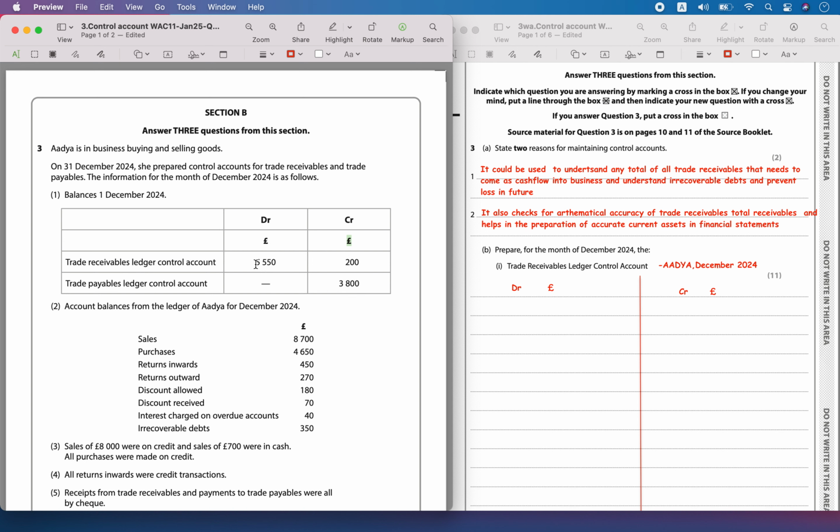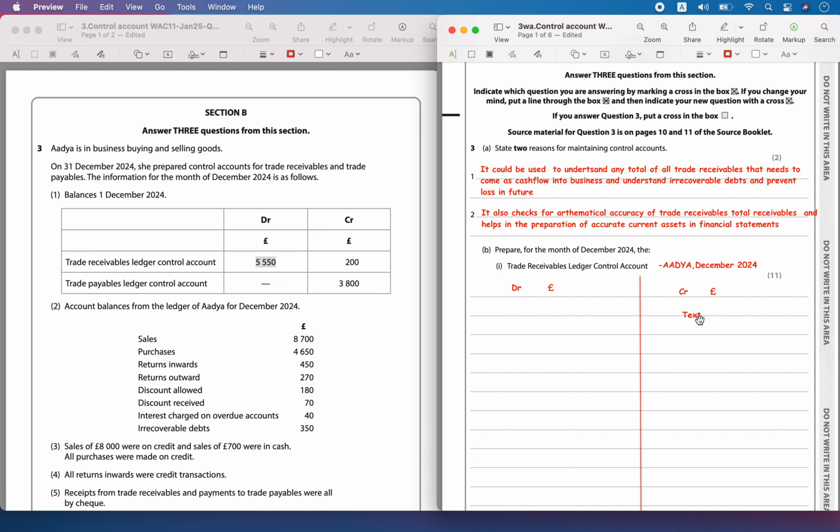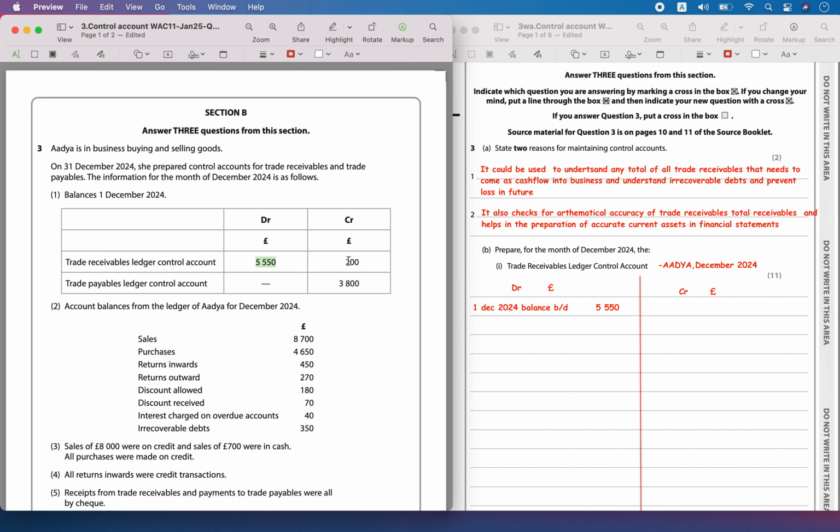So let's see, she had a debit balance of 5,550 and also a credit balance of 200. Let's write both of them. So on 1st December 2024, the balance brought down was 5,550.